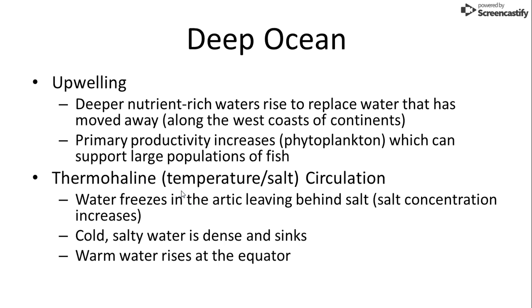So not only on the surface, but we also have currents happening underwater. Upwelling is something that happens in the ocean where the deeper water, which is very nutrient rich, rises to replace the water that has moved away.